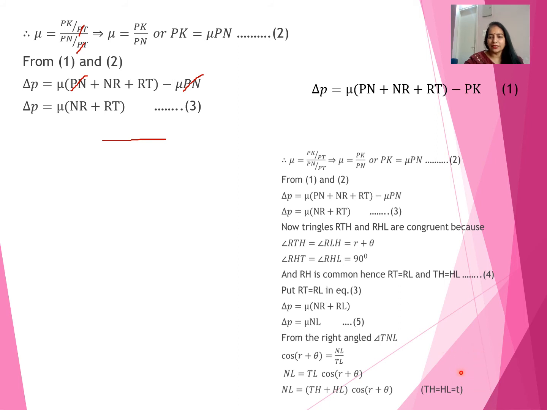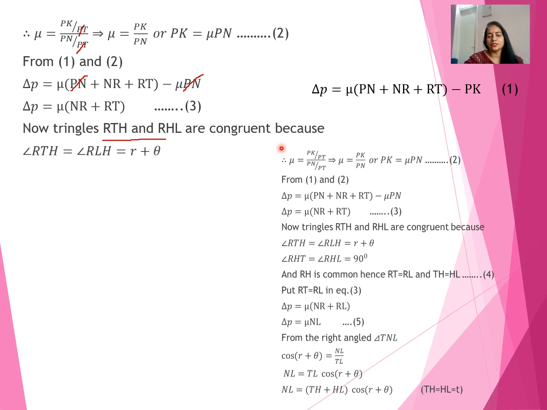And angle RLH and angle RTH are R plus theta. If three quantities of the triangles are equal, then the triangles are known as congruent. So these two triangles are congruent, then the other sides are also equal. So TH equals HL and RT is equal to RL.